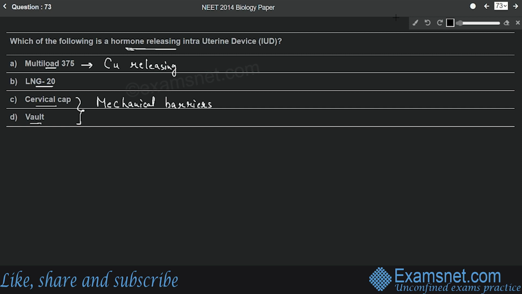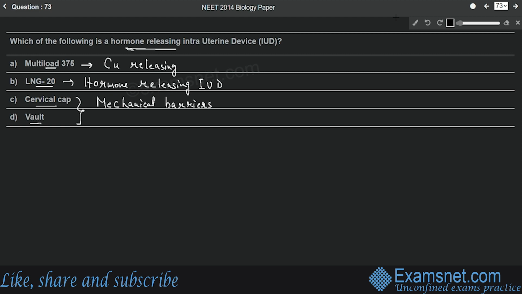Okay, and LNG20 is the hormone releasing IUD, and in fact this is the most widely used and ideal contraceptive for females.